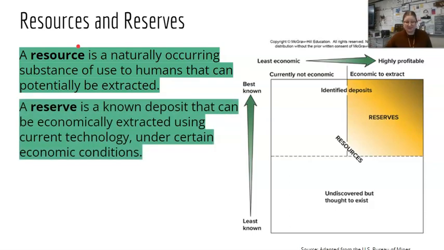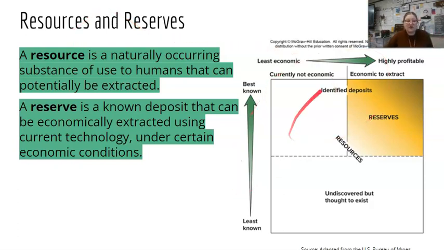A reserve is a known deposit that can be economically extracted using current technology and under certain economic conditions. We know where it is, we know how to get it, and we can afford to get it. That's a reserve. A reserve is what we can actually get and use.